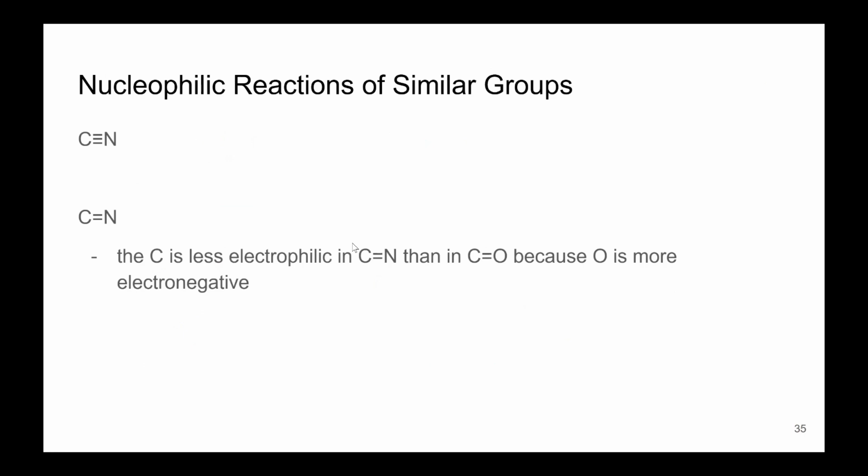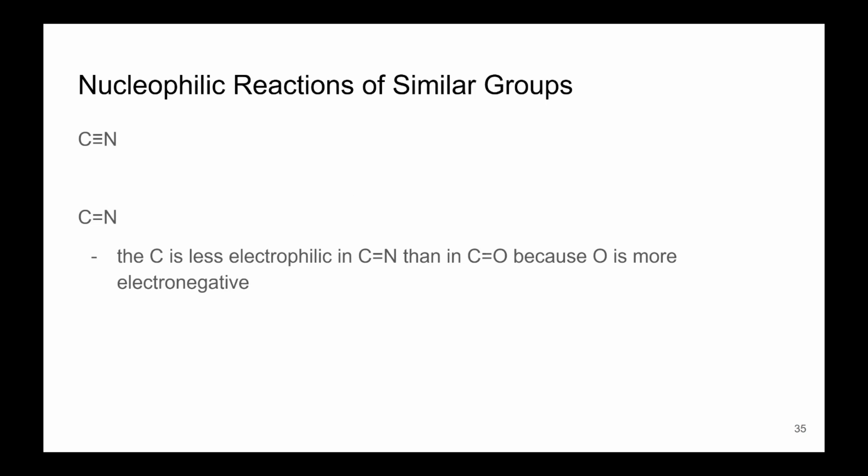Now, there are some groups that react very similarly to your carbonyl group, and that's your CN groups, C triple bond N. Because nitrogen is very electronegative, similar to oxygen, your carbon will be electrophilic.